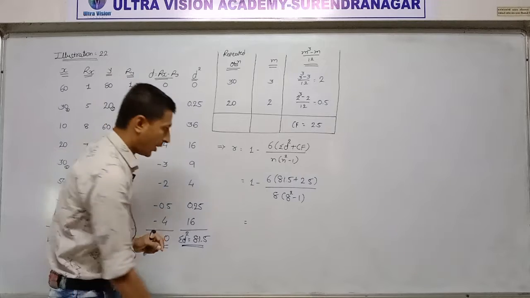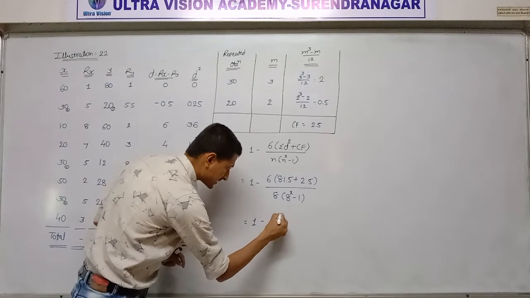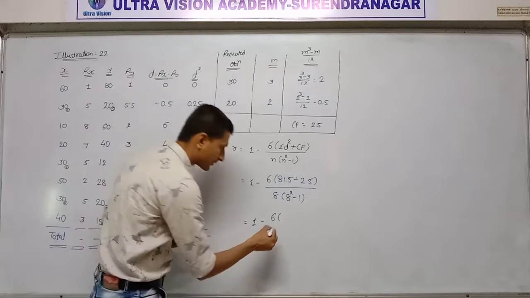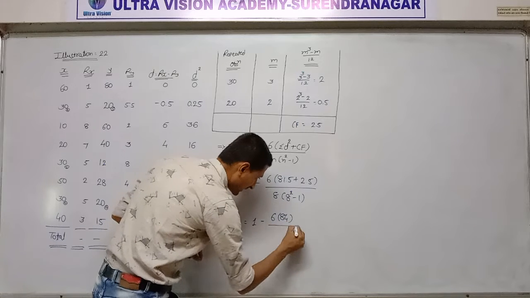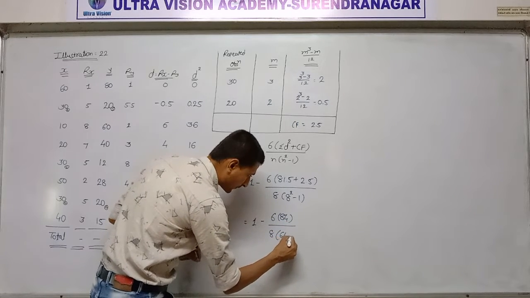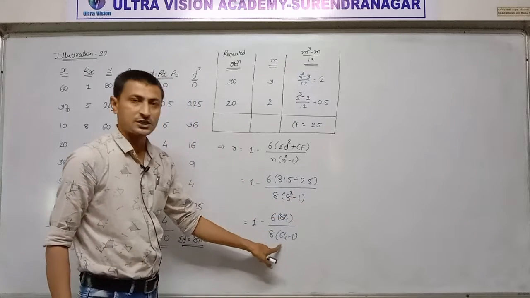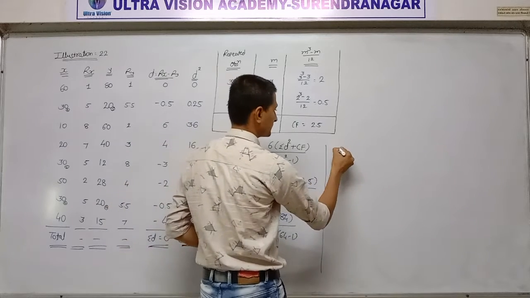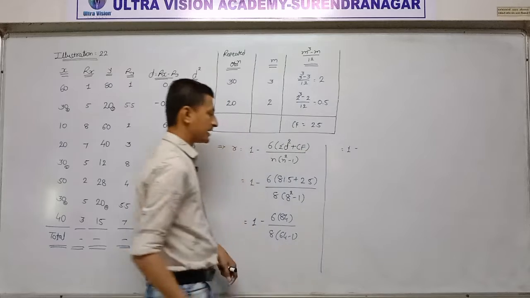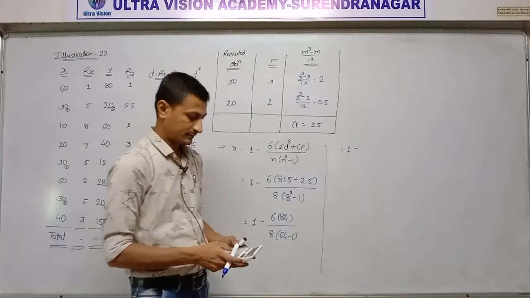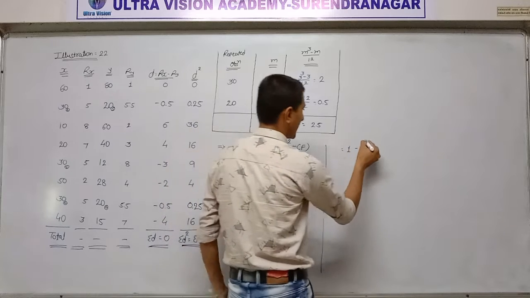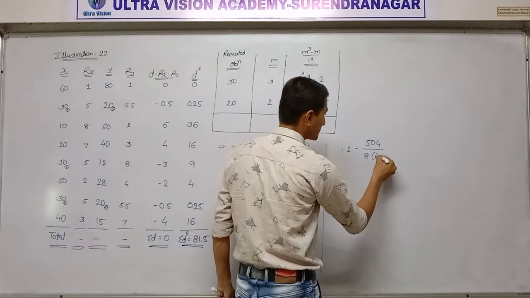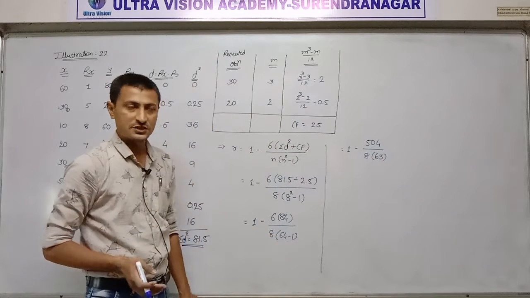Next step. 1 minus 6 in bracket, first of all addition: 81.5 plus 2.5, 84, divided by 8 in bracket 64 minus 1. Next step, 1 minus, using LCM, 6 into 84, 504, divided by 8 into 63, 64 minus 1 is 63.